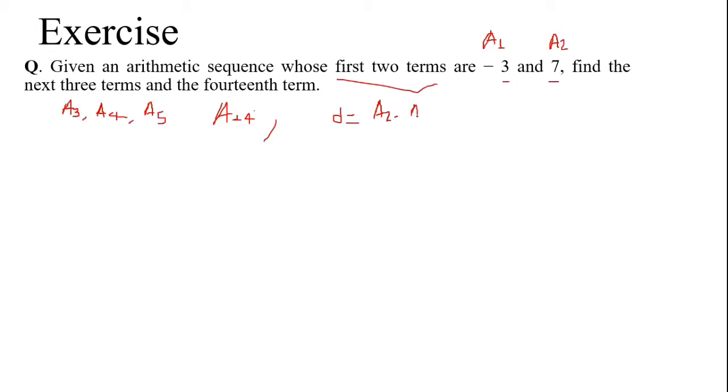These two terms are already given, so we can substitute 7 for A2 minus -3 for A1. So this can be obtained as 10.